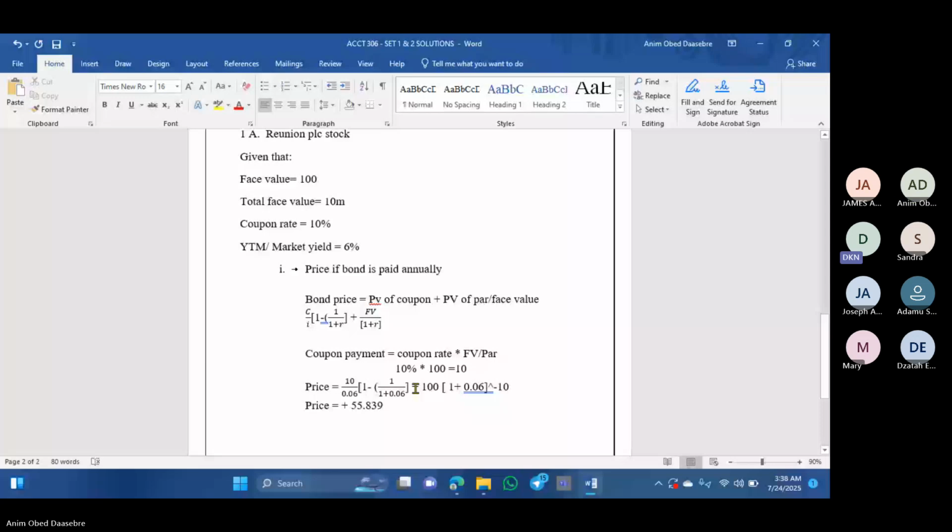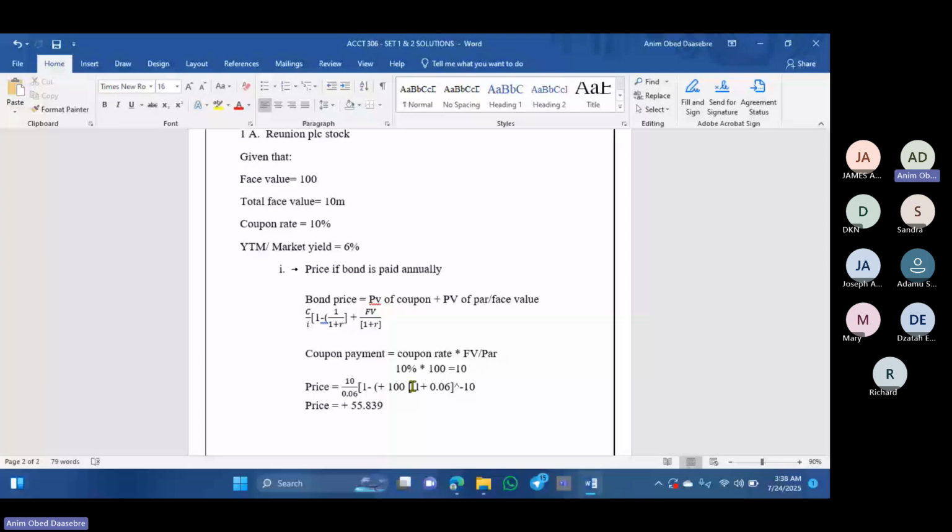Is it raised to the power 10 or minus 10? When it is down, it is power 10. If it is top, it is minus 10.